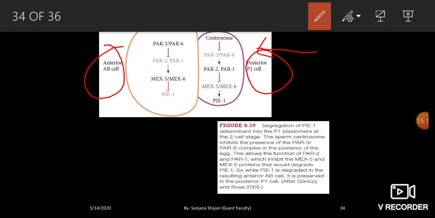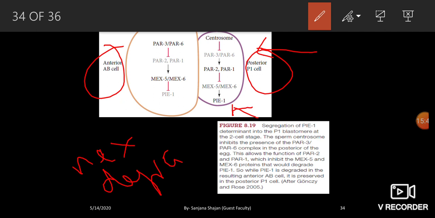This PAR2 and PAR1 in turn will go and inhibit MEX5 as well as MEX6 protein, which is very important. The function of MEX5 and MEX6 is to degrade PIE1. So when MEX5 and MEX6 are inhibited by PAR2 and PAR1, PIE1 is preserved, and this becomes the posterior P1 cell.